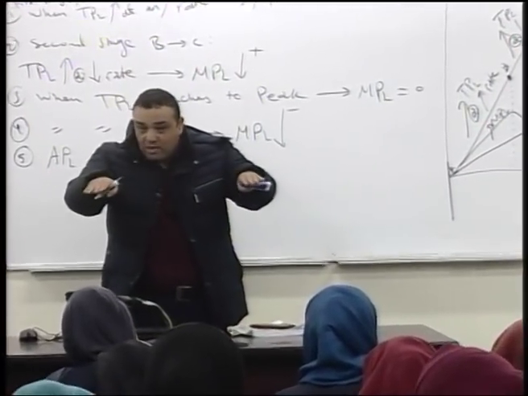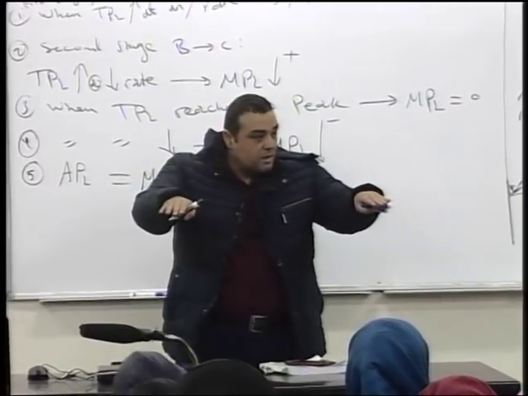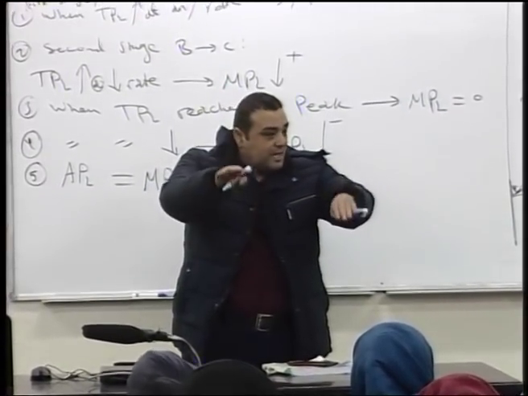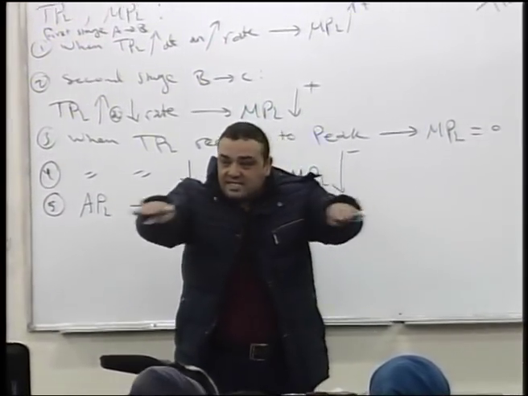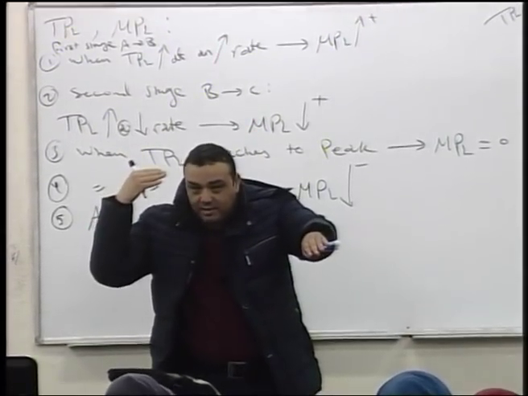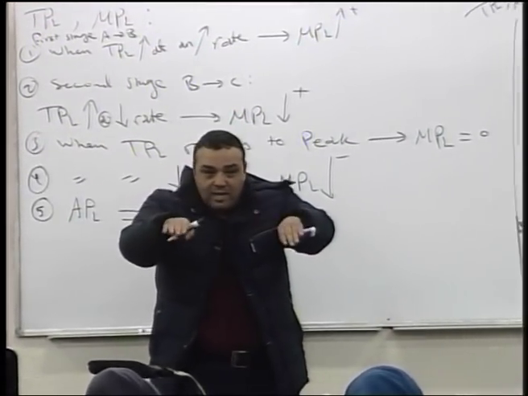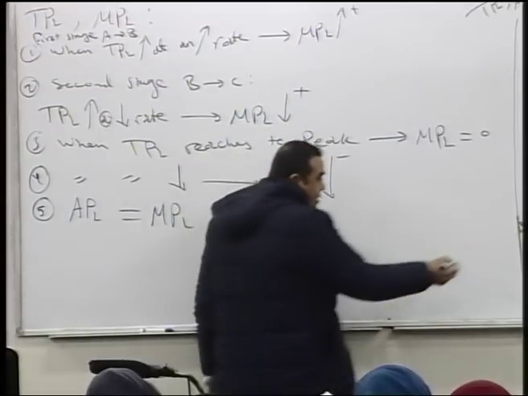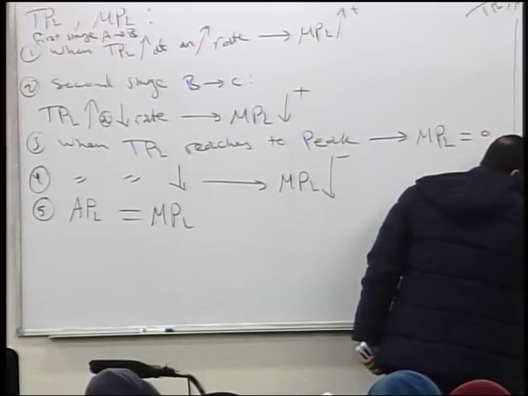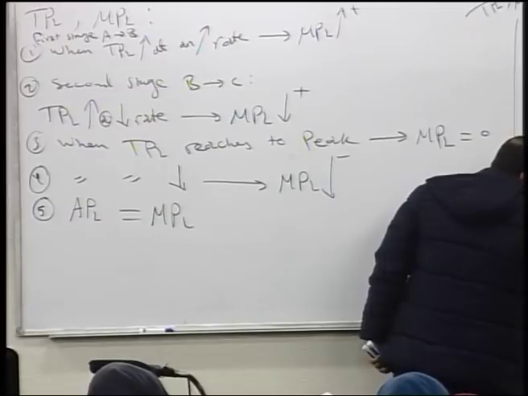Look at the table we made. When MPL equals APL at 60 in the table we took before, right? APL equals MPL at labor number 3. Okay.